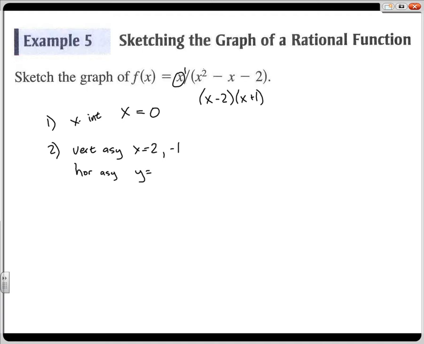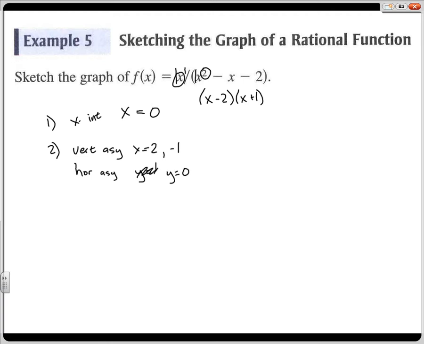It's 1 over 2, so we're going to divide the coefficients. 1 divided by 1. I'm sorry, that's not the way it works. If the denominator is bigger, 1 is smaller than 2, automatically we say y equals 0.